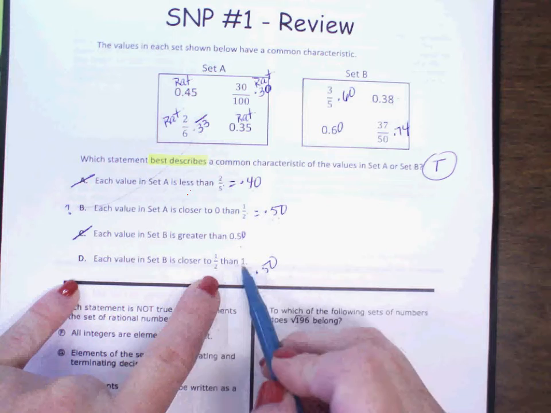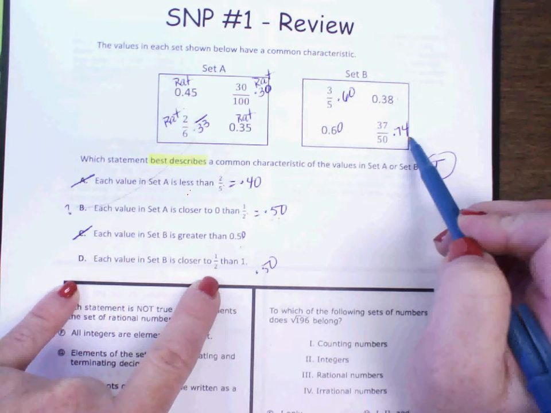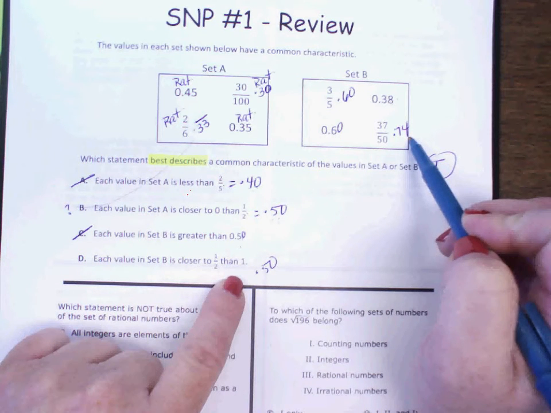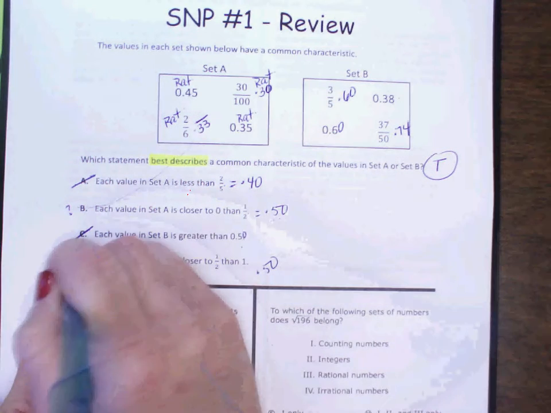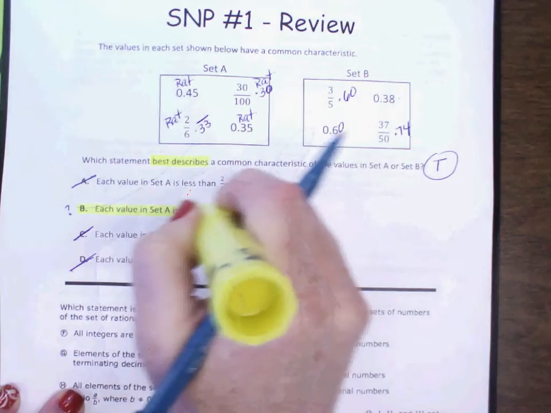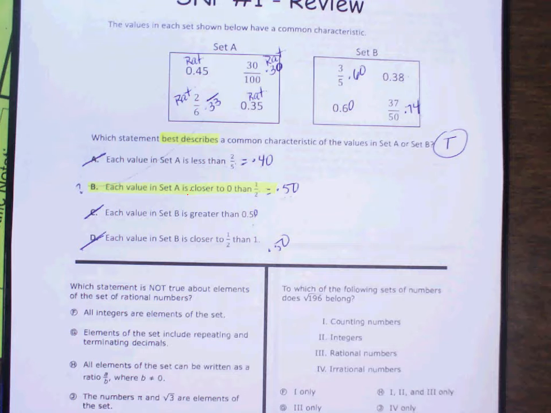What about 37 divided by 50? That's 0.74. So each value in set B is closer to 1/2 than 1? Well, that one is closer to 1/2, but all of those are closer to what? To 1. Not 1/2, to 1. So is that true? No. So the correct answer was B.